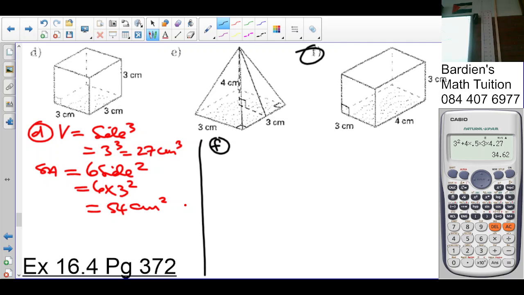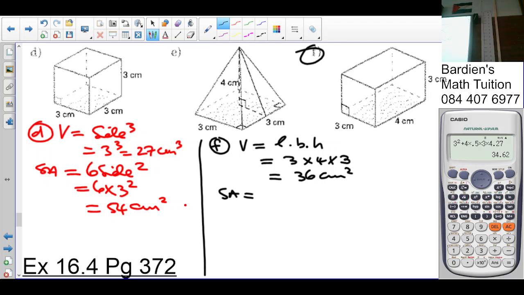Not so? So how do you calculate the volume of this? Length times breadth times height. This is area of base times height. So in this case, it's going to be 3 times 4 times 3, which is 36 centimeters cubed. For the surface area, how do you work it out? Perimeter of base times height plus twice area of base.